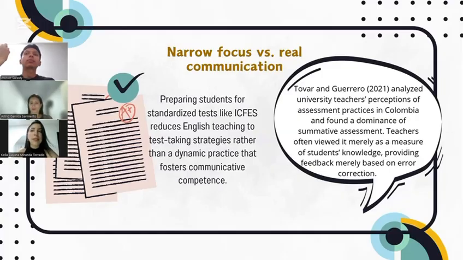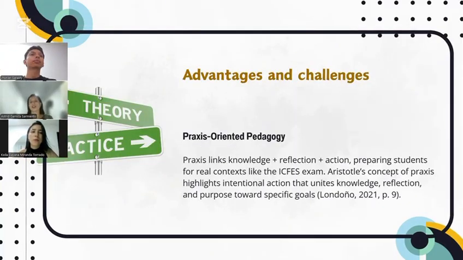So some abilities that are also important, like listening and speaking, are undervalued because the main focus relies on vocabulary recognition and learning grammar. The students, yes, they achieve good scores on the exams, but they lack the ability to communicate effectively in real-life situations. Of course, that is a good point of view.